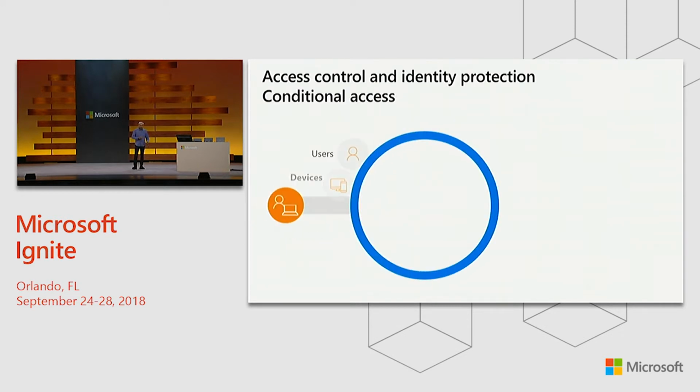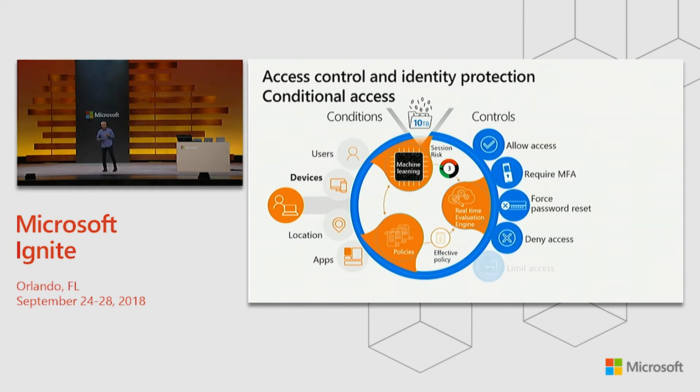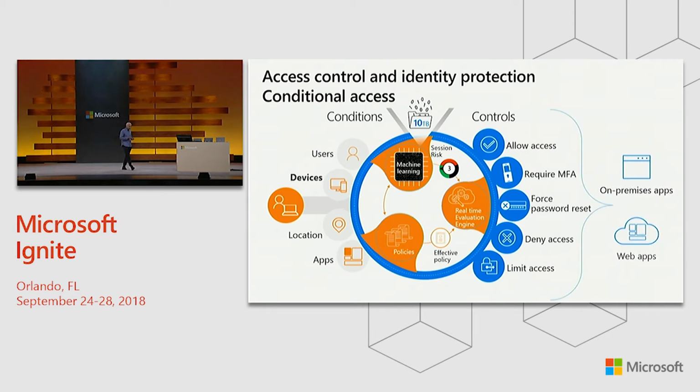Just going into a little bit of access control and identity protection, right? Here we're trying to give you a picture of conditional access, where every user request that comes into Azure AD is intended to get access to a particular resource. And you have all these different conditions that get evaluated by our conditional access engine around users, devices, location, apps. And then we have also the machine learning, the identity protection that feeds into it to give us the risk signals for user sessions, device sessions, and so forth.